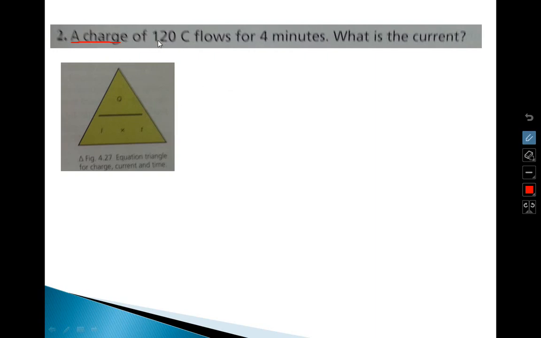So we have a charge of 120, which is, as we said, Q, and we have T. As we said before, charge must be in coulomb, and time must be in what? In second, not in minute, in second. And current should be in what? Ampere. So now we have I, as we said, I is equal to Q over T.